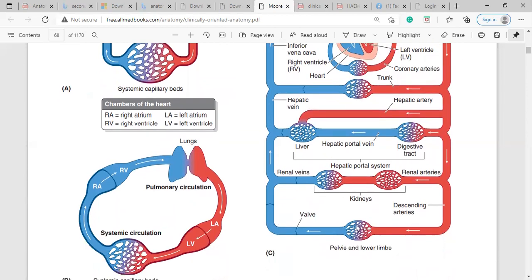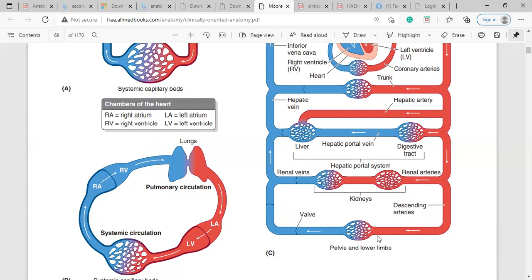And then in this place also, you can find your ovaries and testes. The one that goes to the ovary is called the ovarian artery. The one that goes to the testes is called the testicular artery. The one that goes to your femur is called the femoral artery. But we'll talk about all of those other branches later.